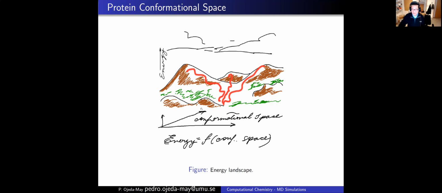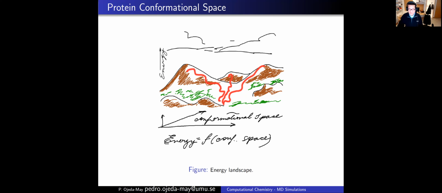And this is basically what the atoms are trying to do in molecular dynamics. They are trying to reach all the possible conformations or states in your simulation. And sometimes it's hard because there is an energy barrier that they need to overcome.